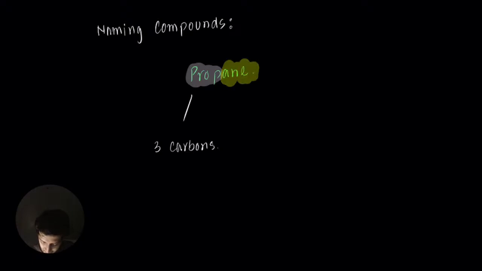Okay. So if we have a name, let's say propane. We said that this part is telling you the number of carbons, and this over here is telling you the family of organic compound, that it's an alkane, or the functional group.